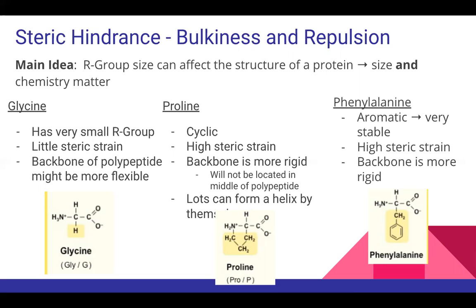You won't find them in certain places, but you don't need to know about that. And then if we move to glycine, it has a very small R group, it's just a hydrogen. So there's little steric strain, which will make the polypeptide backbone more flexible, which is important when you're folding and turning the protein to make bonds. You're going to want that backbone to be flexible in order to fold in on itself. You wouldn't want it to be rigid.